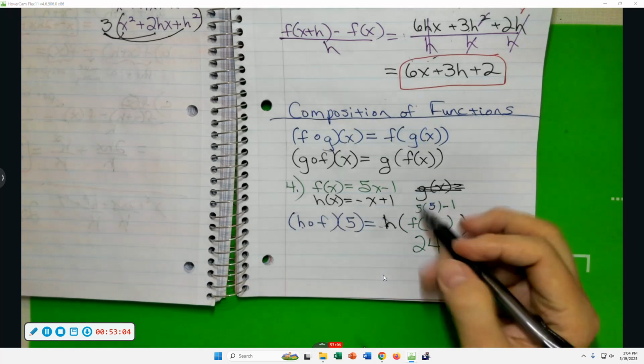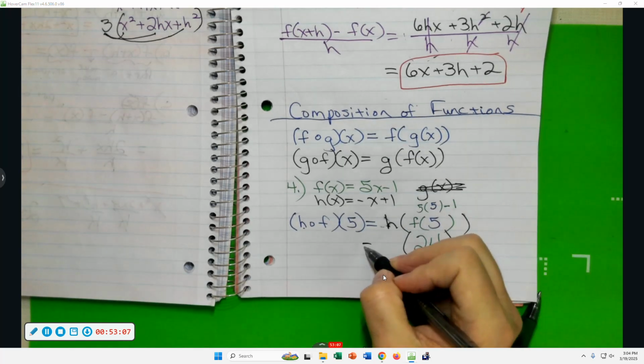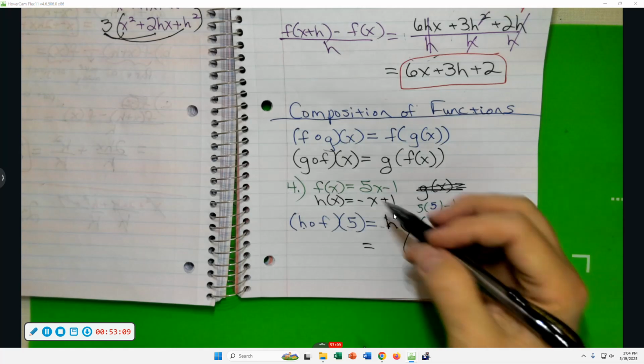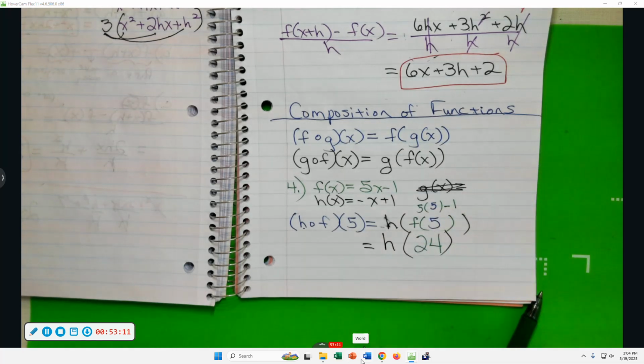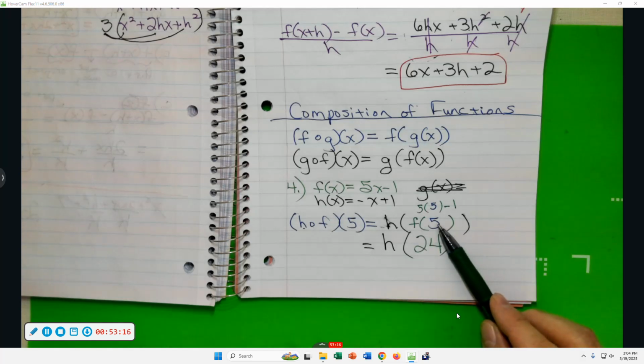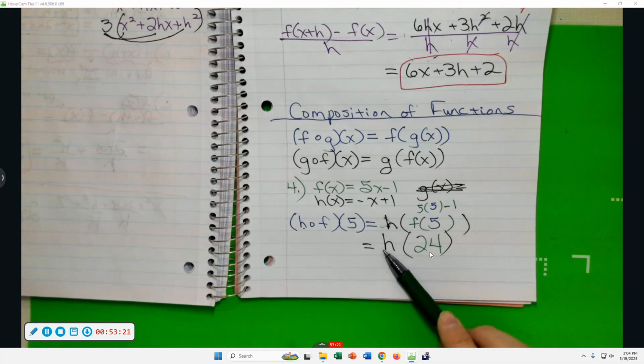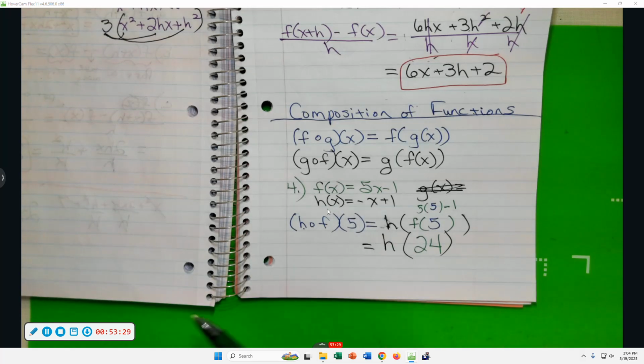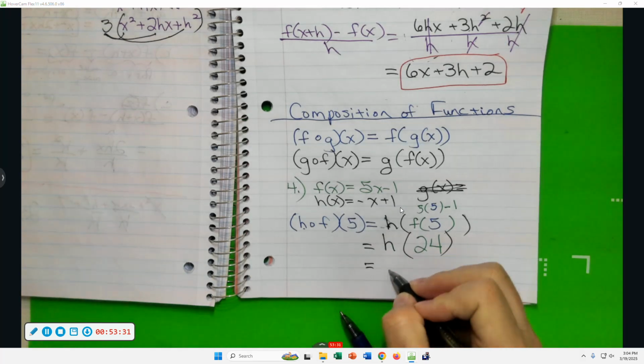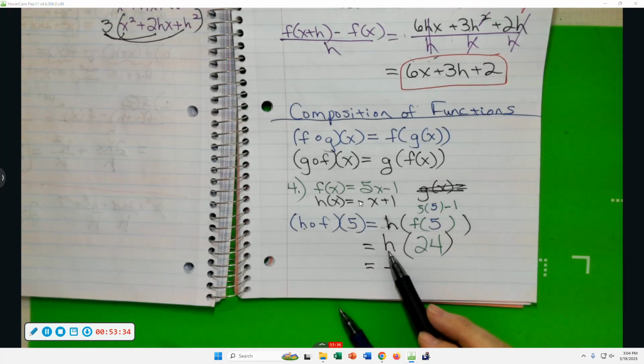But we still have these parentheses. What have we got in front of those parentheses? We have the h. Composition is just repeated function notation. First thing you do, you plug the 5 into f. That gave you the 24. Now you want h of 24. We go to h, and wherever we see a variable, we plug in 24.